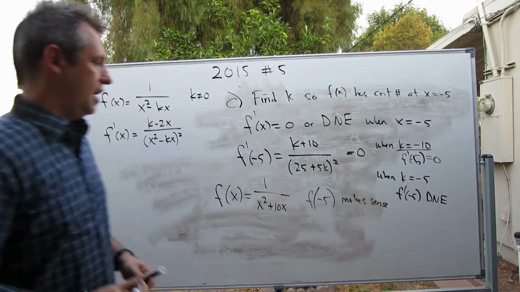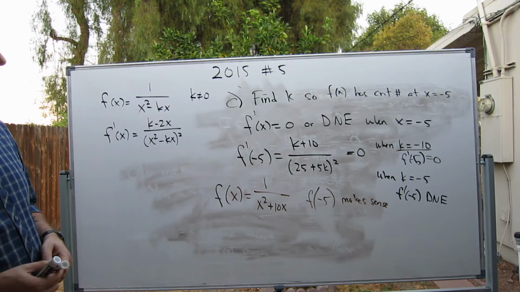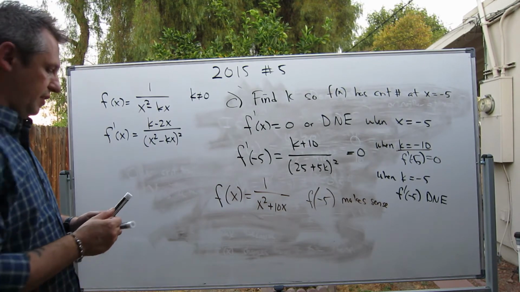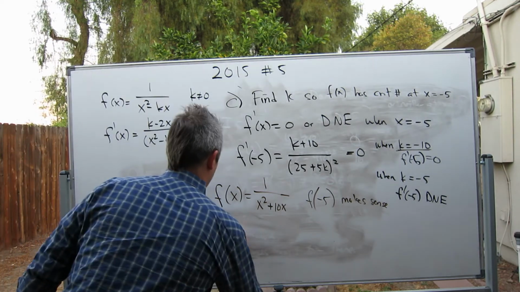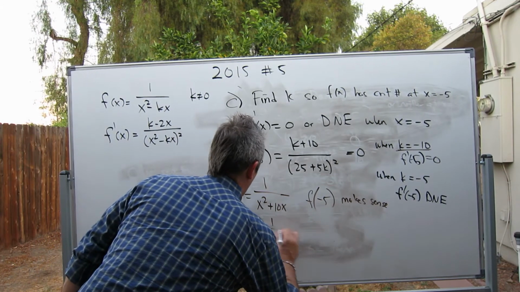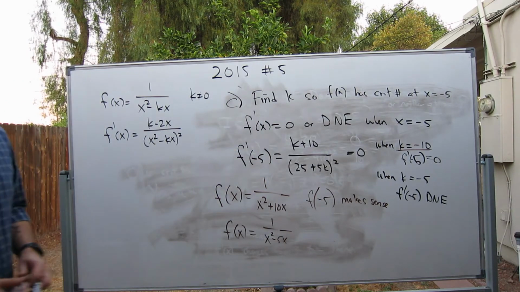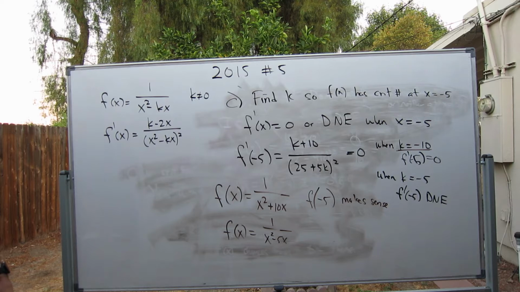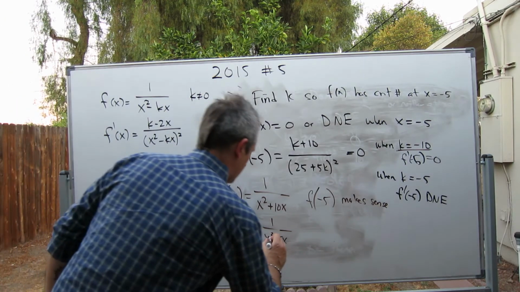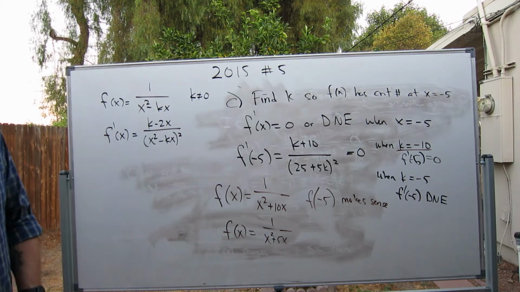This is definitely one of our answers, k equals -10. On the other hand, let's try -5. If we try -5, we have f of x equals 1 over x squared minus 5x. Oh, it's plus 5x, sorry, plus 5x. Are we allowed to plug in -5 into this?